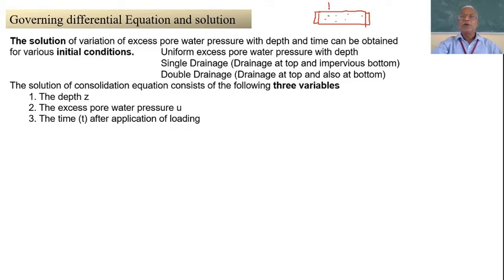When you apply the pressure, pore water pressure develops at the upper level, mid level, and at the lower level also. What is said here is uniform excess pore water pressure. When you apply a load, the excess pore water pressure is the pressure developed inside the water which is present in between the particles.